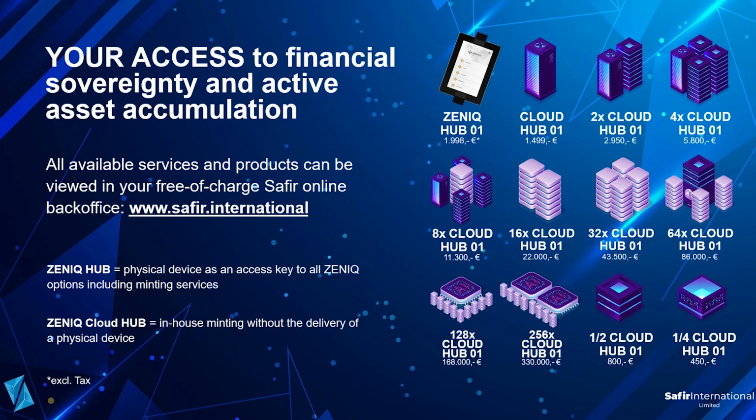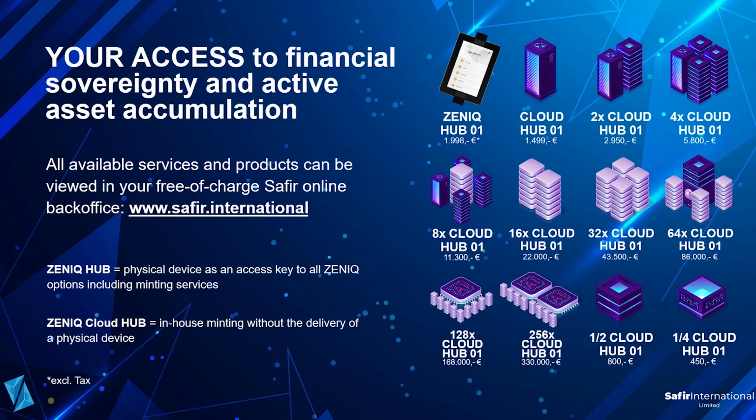The Cloud Hub is a digital server place, you can say. It's only minting coins for you, and you can control and manage these coins via your Sapphire back office or via your Zeniq app.